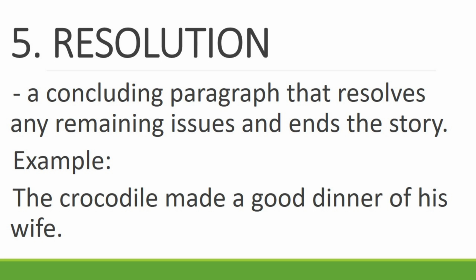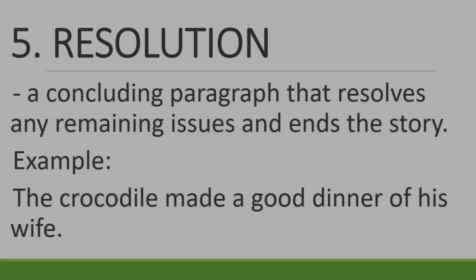So at the ending of the story, it really showed or proved that the character, the crocodile, is a greedy one. And that's how the story ends, and that's also how we plot a story. We have the exposition, the rising action, the climax, the falling action, and the resolution.